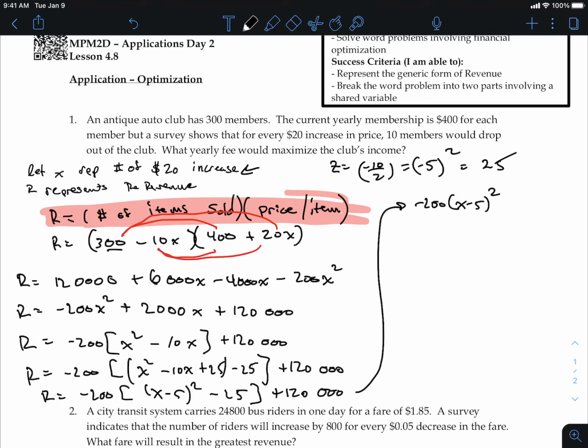What's negative 200 times 25? Careful. Is it 50,000?